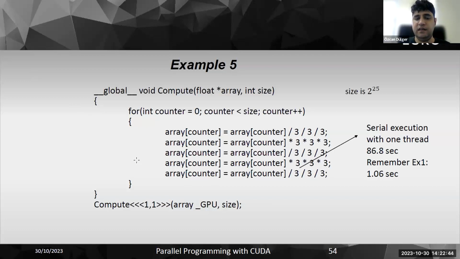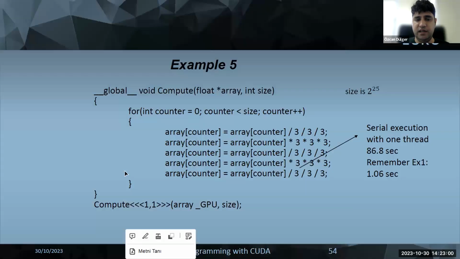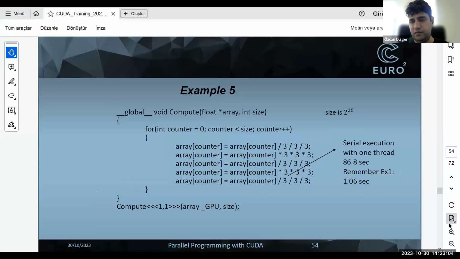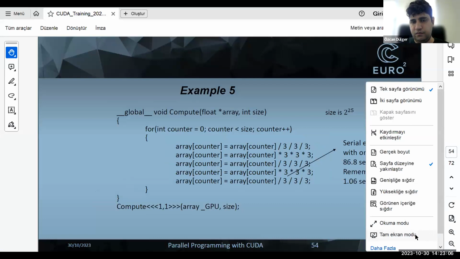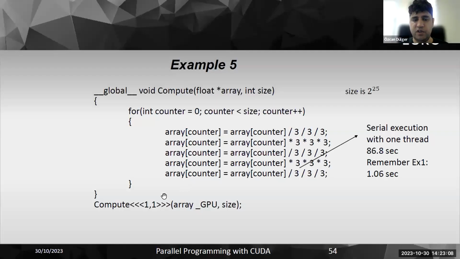Here, let's try to run it in a serial way on the GPU. We have a compute CUDA kernel here, and we call it with one block and one thread. That means we create only one CUDA thread in this example.